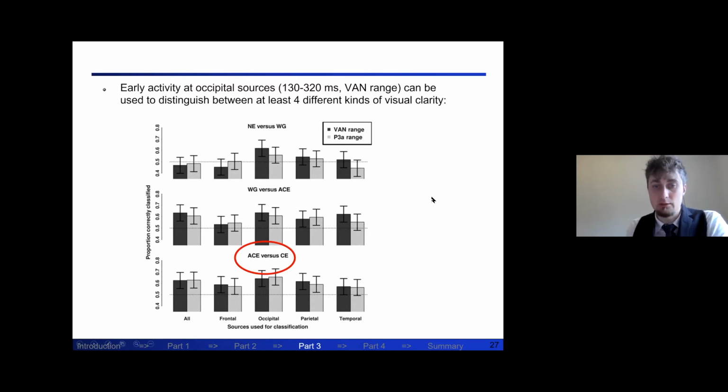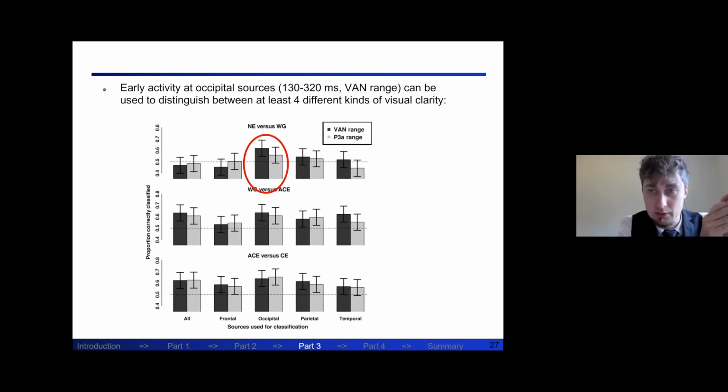And for the final, almost clear to clear experiences, it's the same result. So basically, when we test these statistically against each other, the occipital sources are the ones that generally say the most.